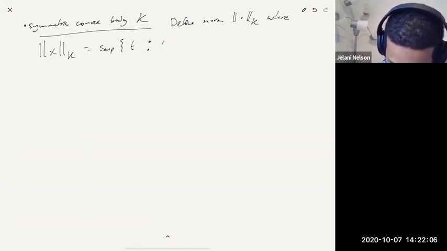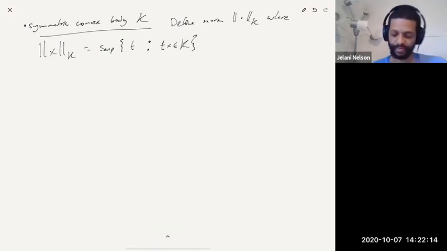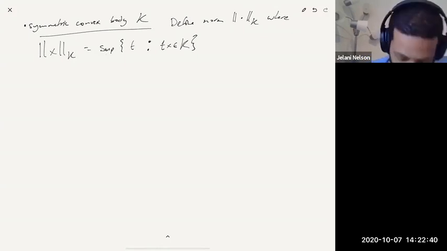It's the largest t such that tx is in the body. So for example, what is the body associated with Euclidean space? It's a sphere, right? In dimension 2, the symmetric convex body associated with the Euclidean norm in 2 dimensions is a circle. It's a circle of radius 1, right? So, example.